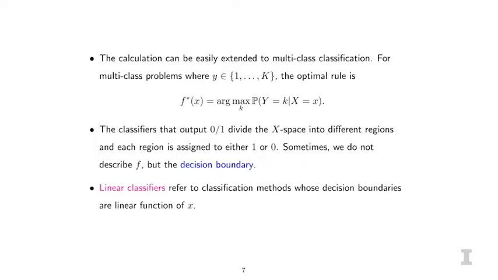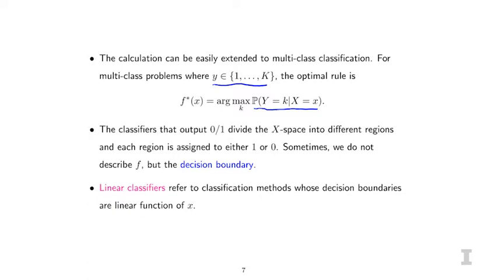The calculation can be easily extended to multi-class problems, where y takes k different values, 1 to k. And then it's easy to show that if we use 0-1 loss, the optimal decision rule again is based on the conditional probability of y. We will predict y at every location x to be the class label that has the highest probability.